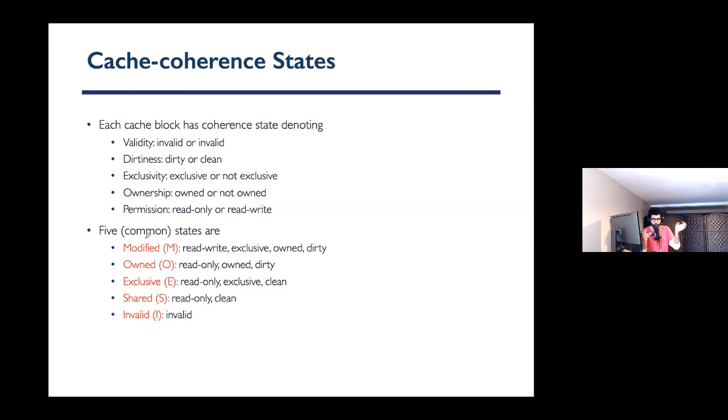For a pair of CPU and location, we define modified, owned, exclusive, shared, and invalid. And if I put them in a chart, I'm going to actually explain what you see here. So I have owned, modified, exclusive, shared, and invalid.